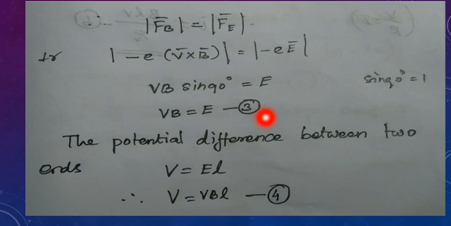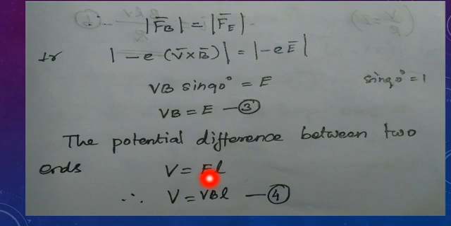At the same time, the conductor has free electrons, so a potential difference is produced between the two ends. The potential difference between the two ends is V equal to E into L, the electric field into length.